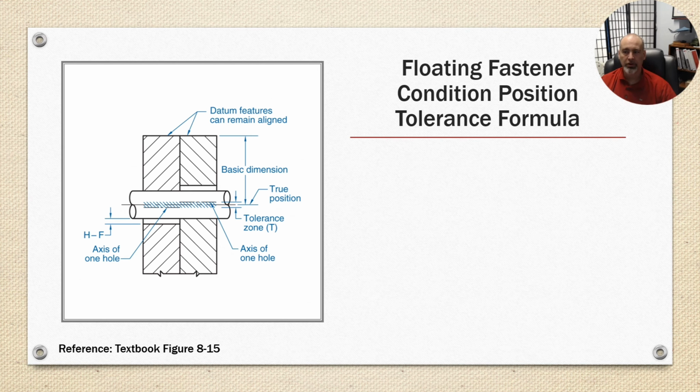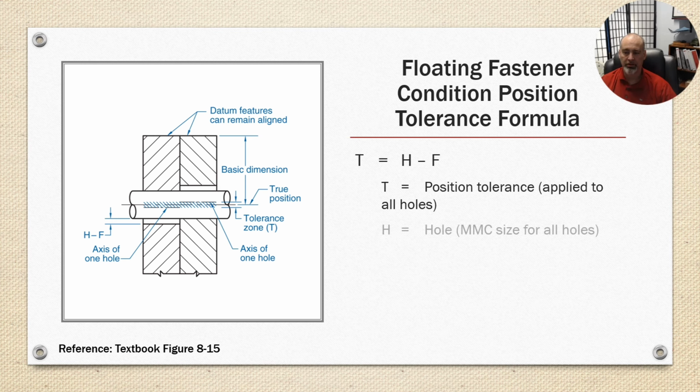Okay, so the floating fastener condition position tolerance formula works like this. Letter T, which is your tolerance zone, equals H minus F. T is the position tolerance applied to all the holes.